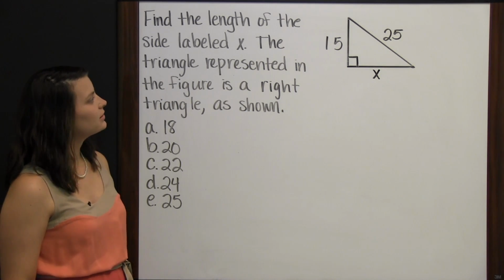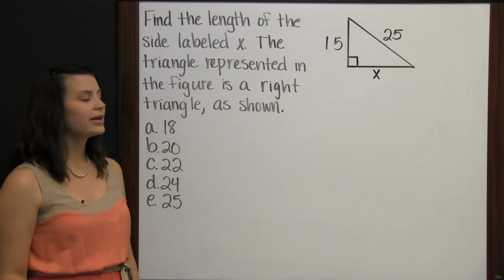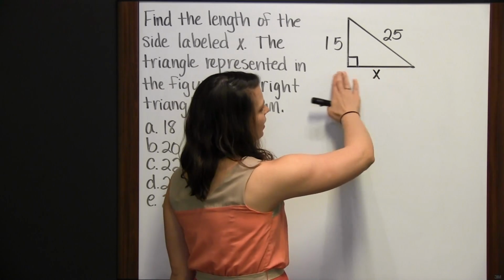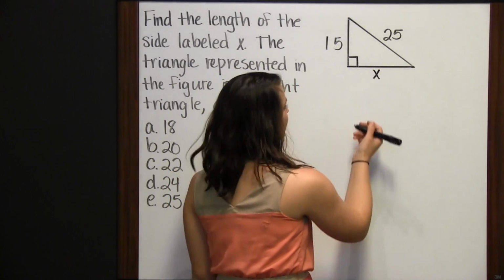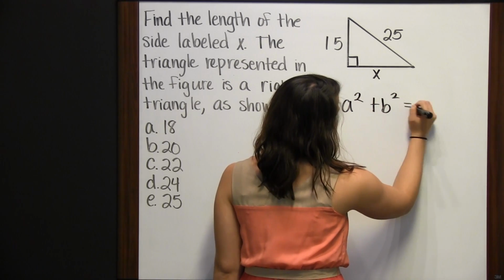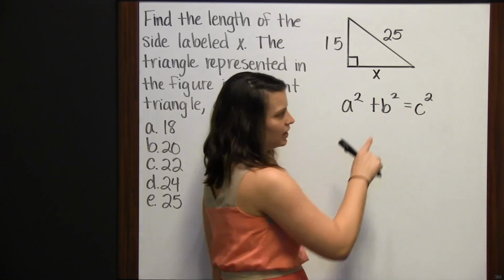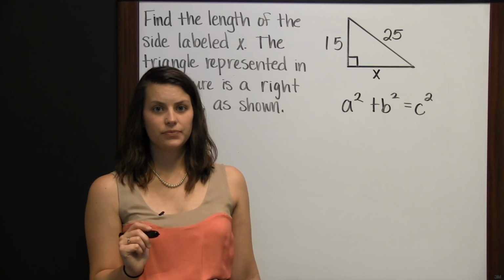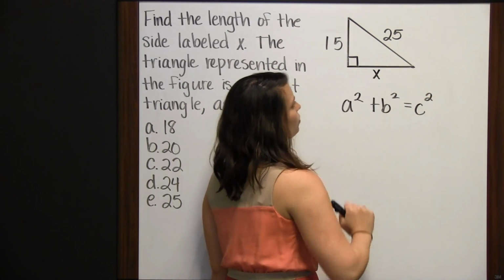Find the length of the side labeled X. The triangle represented in the figure is a right triangle, as shown. To find the missing side of any right triangle, we can use the Pythagorean theorem, which is a squared plus b squared equals c squared, where a and b are the legs of the right triangle, or the two sides that form the right angle.